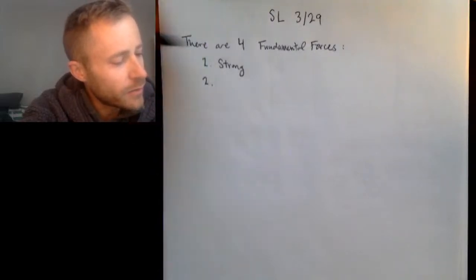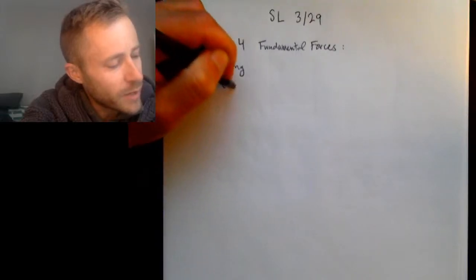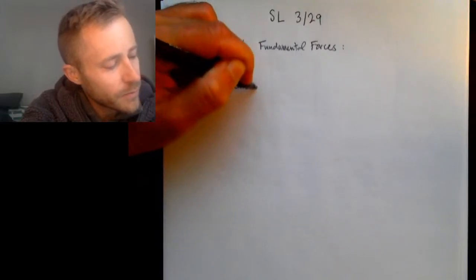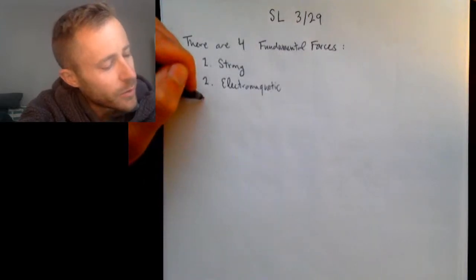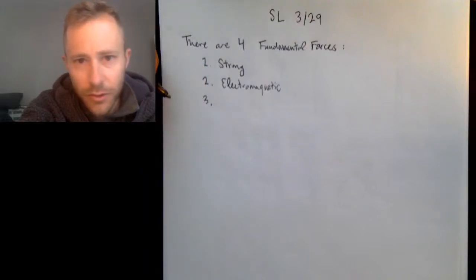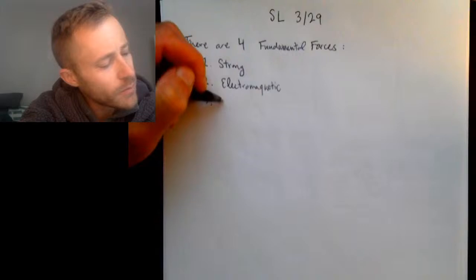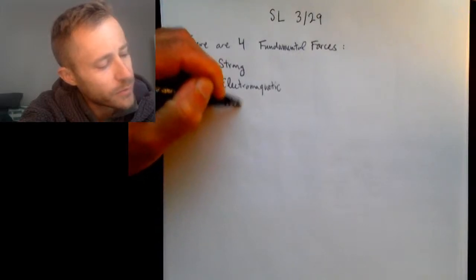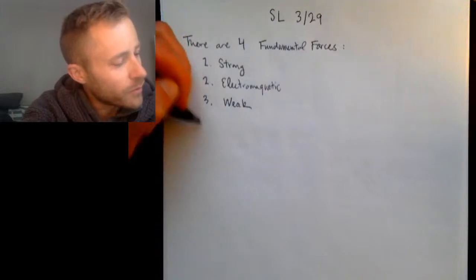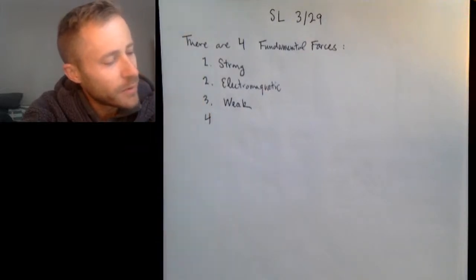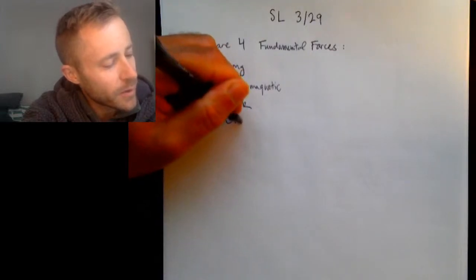The second force that occurs in nature is the electromagnetic force. The third force is called the weak force. And the fourth fundamental force that occurs in nature is gravity.